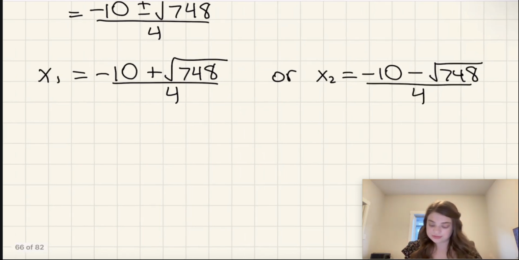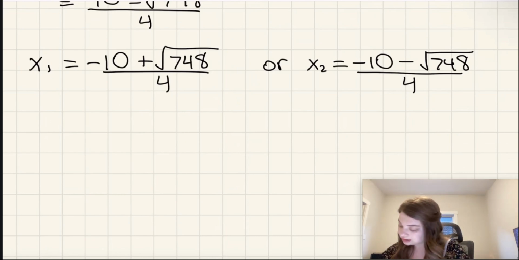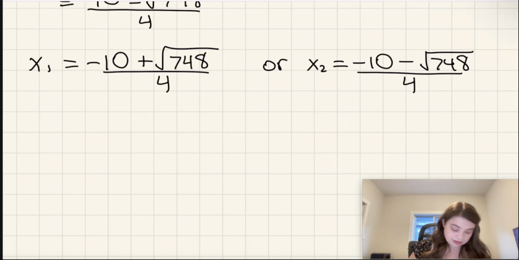Now we have to get the decimal approximations because we want to know if either or both of these could be extraneous solutions here. So let's do that. Let's take the square root of 748, which is going to be approximately 27.35. Then I'm going to subtract 10 and then divide by 4.